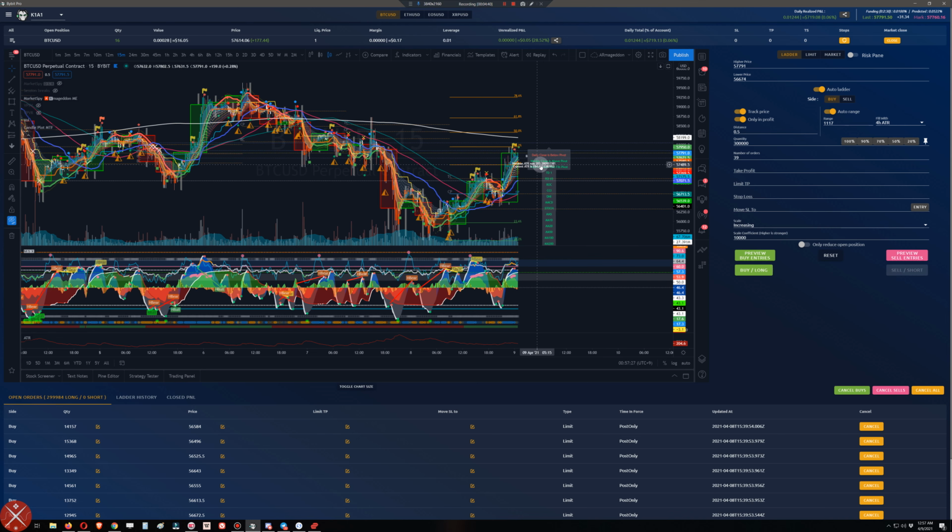Previous ATR was 203 and current ATR is 194. It's a slightly different smoothed-out calculation method, but it's very close to this number. So an approximate measurement of your take profit, what's a good place to take profit, would be this number. Once price moves 200 points away from your entry, it's probably a good place to take profit.